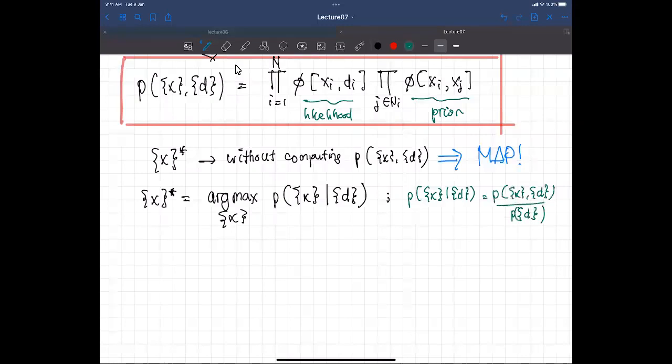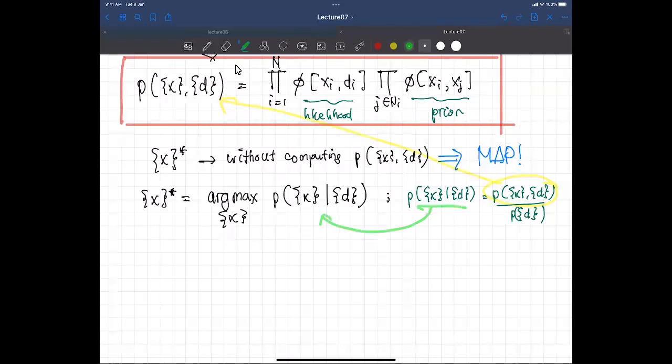Right? And this part here is actually the same as that one, and this part here is the same as this one. In other words, the joint probability is proportional to the posterior.